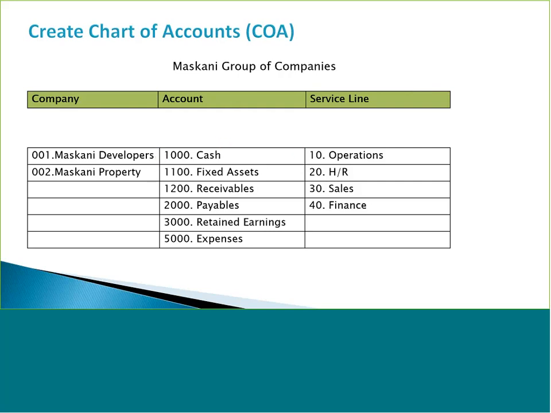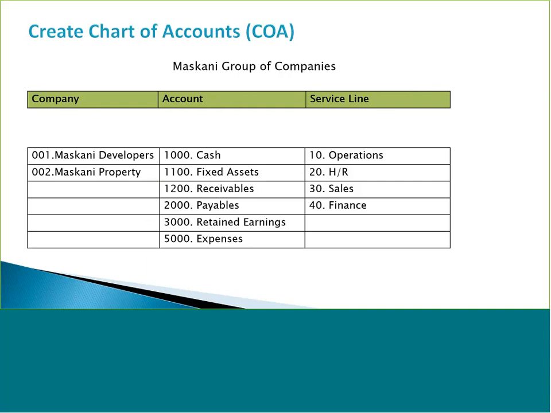Now, this list of values is called a value set. So under the account segment, we have a value set that contains account values. Under the company segment, we have a list that contains company values.